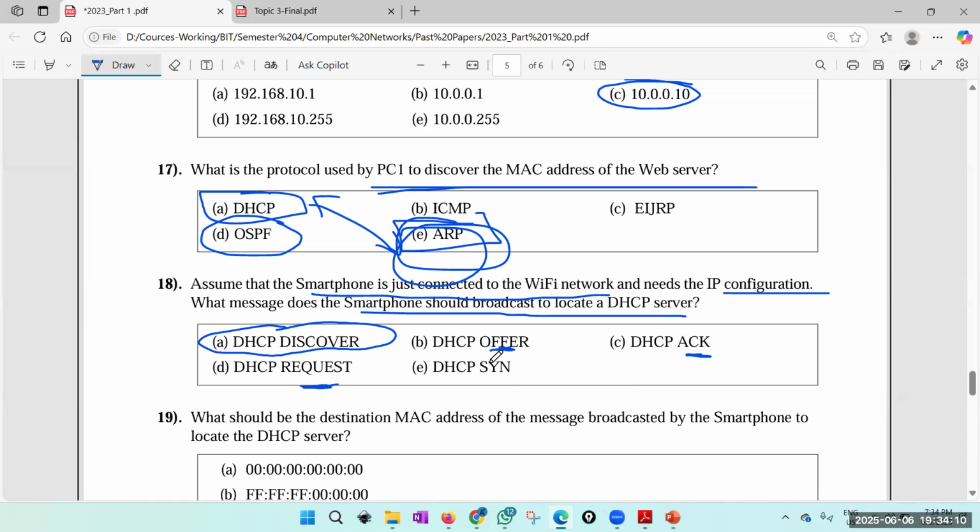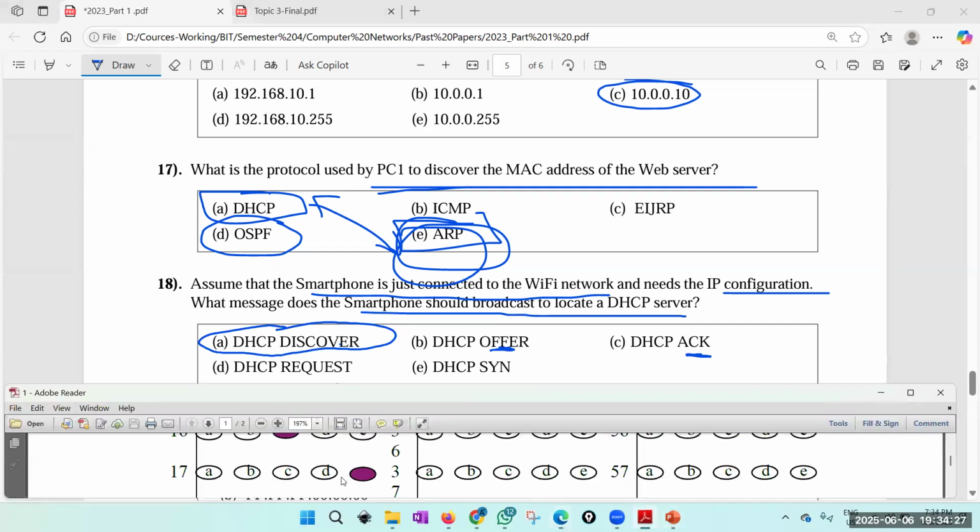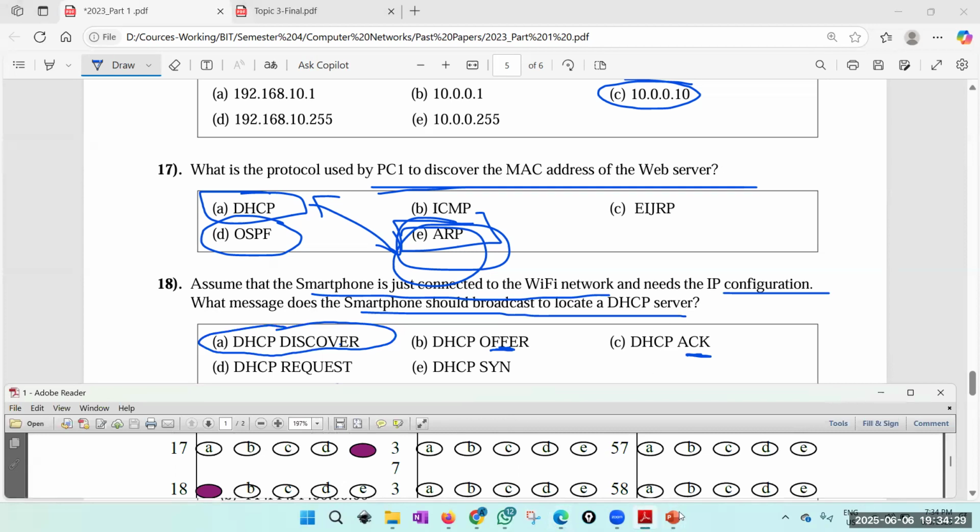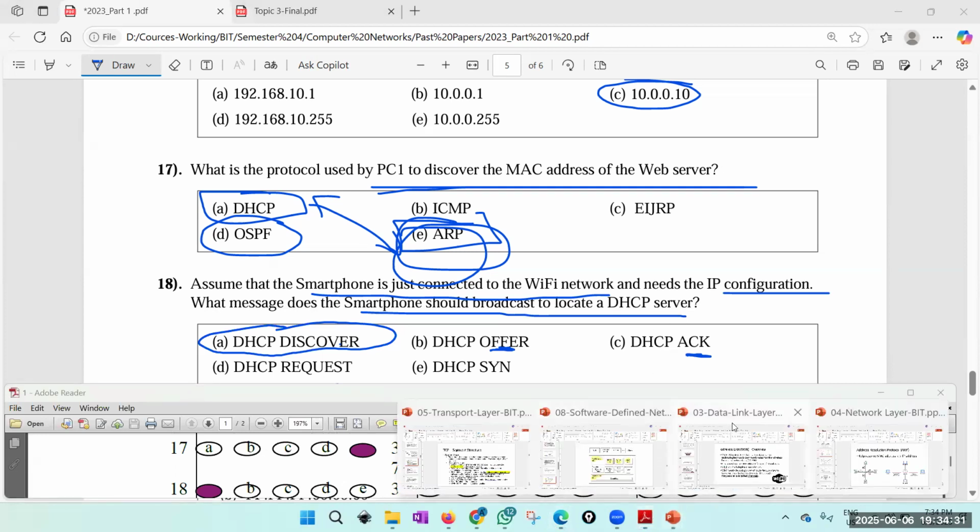I think synchronization must also happen somewhere, I can't remember. Anyway, we discussed that, so the answer must be discover, right? First thing must be discover. Is it discover or synchronize? If I can remember, it must be discover. Okay, 18. Yes. So let's double check that in our note.